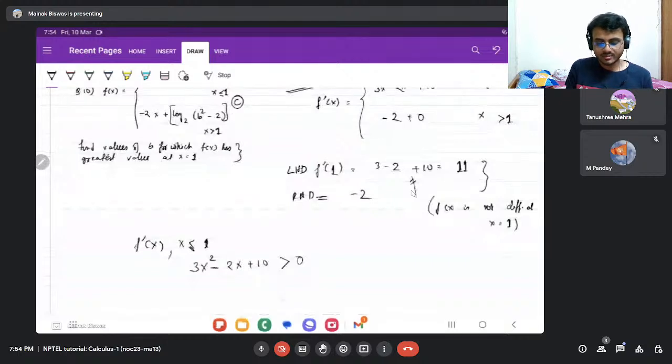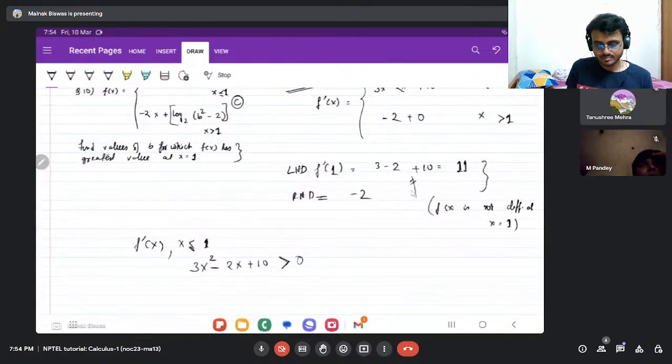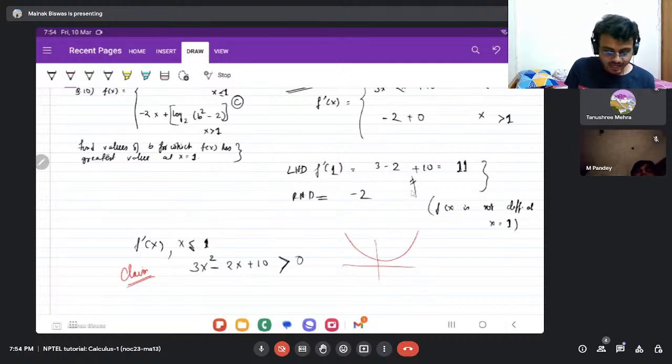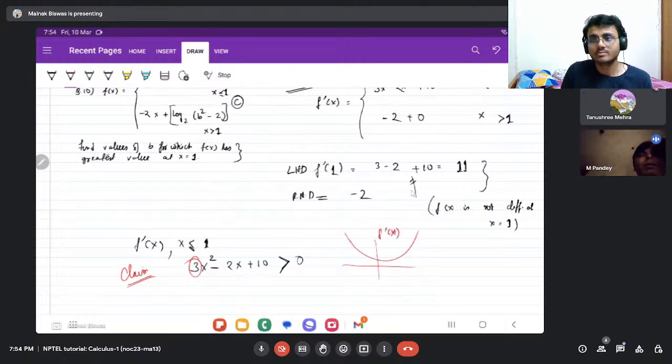Can you tell me why? Claim. You agree it is a concave upward function, right? Because a is positive. Any quadratic pointing upwards has positive a, right? Yes, upward parabola. Now I am telling you it's greater than 0. So how do I tell you it's greater than 0?